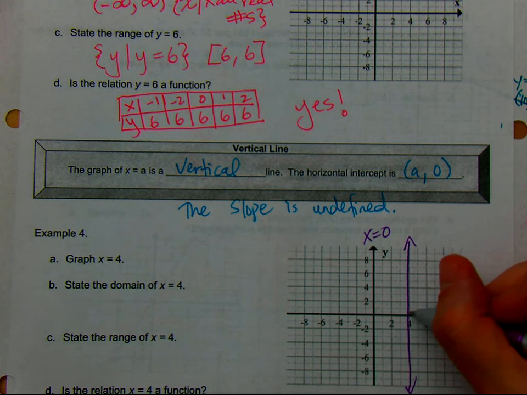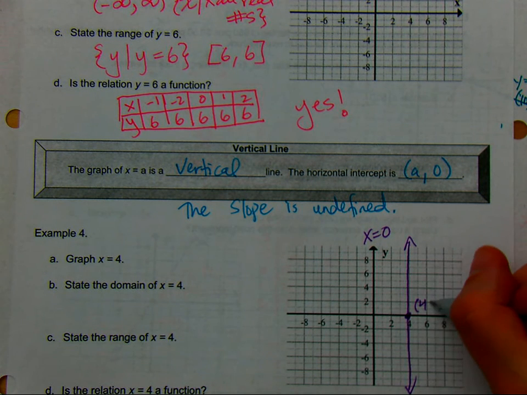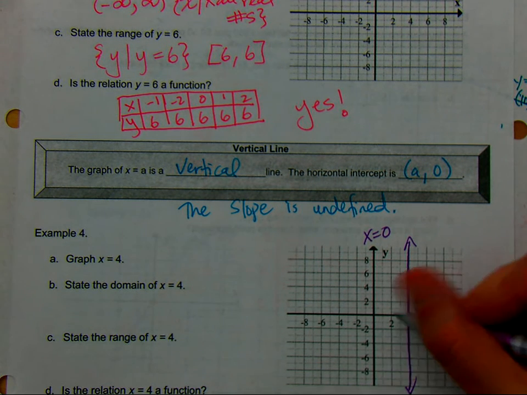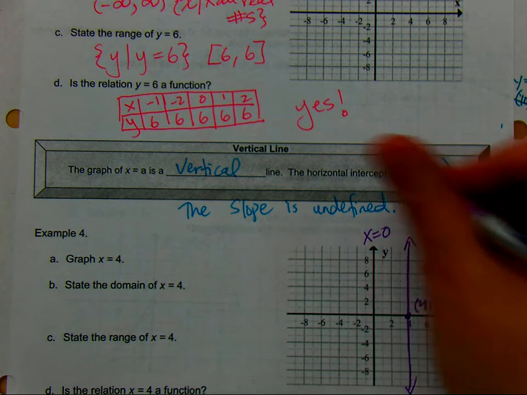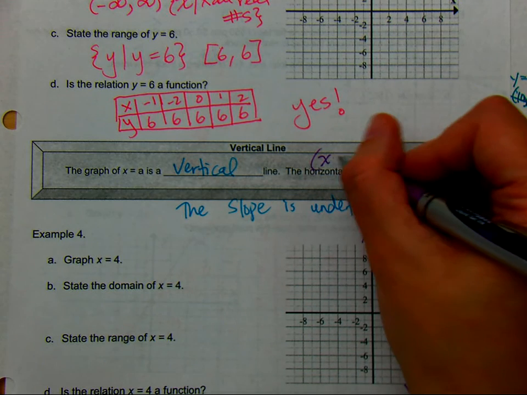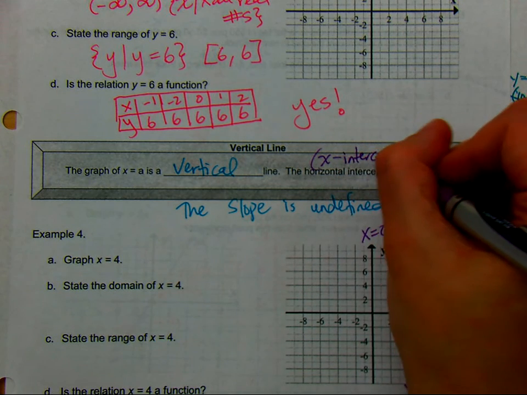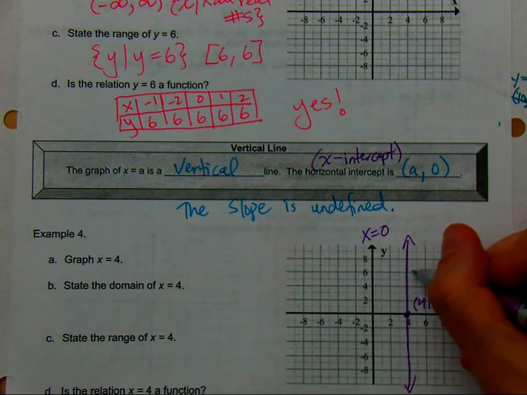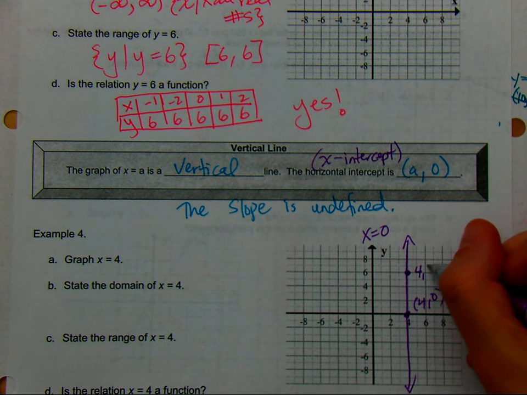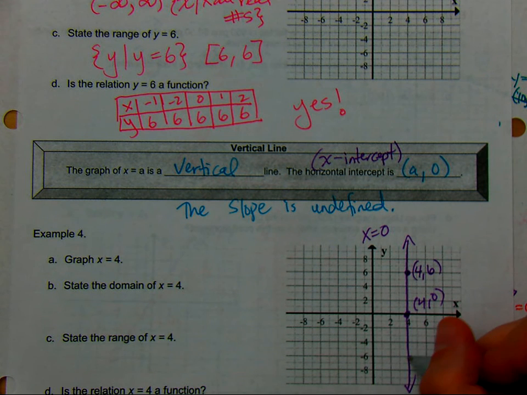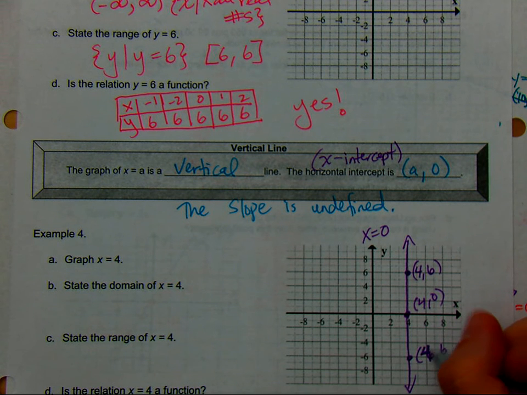And if I create a table of values, here I have (4, 0). That's my horizontal intercept, or my x-intercept. Horizontal intercept is also known as the x-intercept. Here, this point is (4, 6). This point down here is (4, -6). Oops. Sorry, I'm messing it up now.